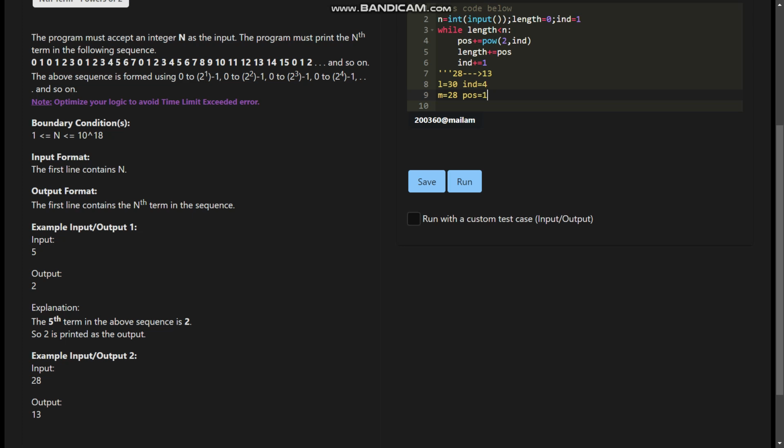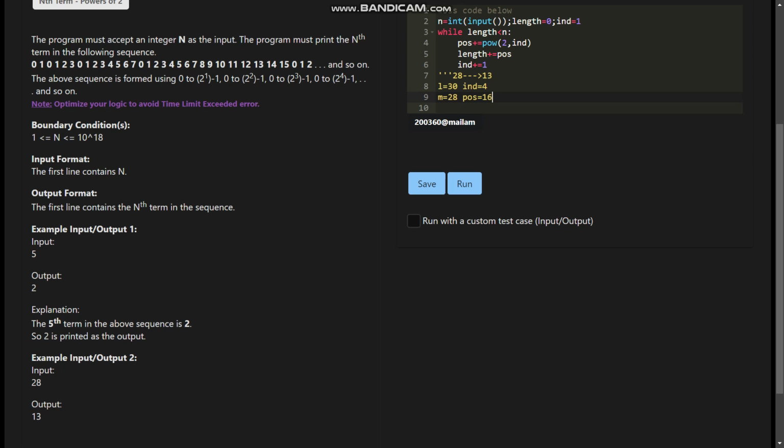Position is nothing but now 16, right? I think you will understand it because the index value is 4, and 2 power 4 is nothing but 16.